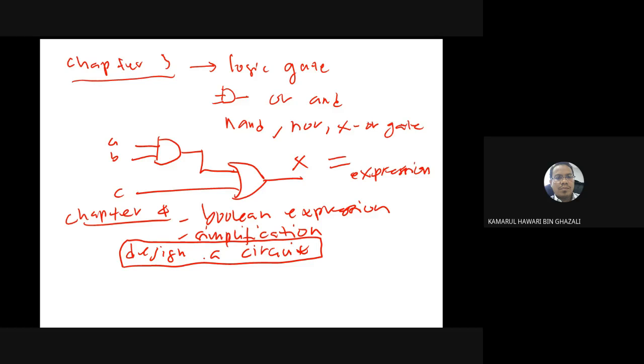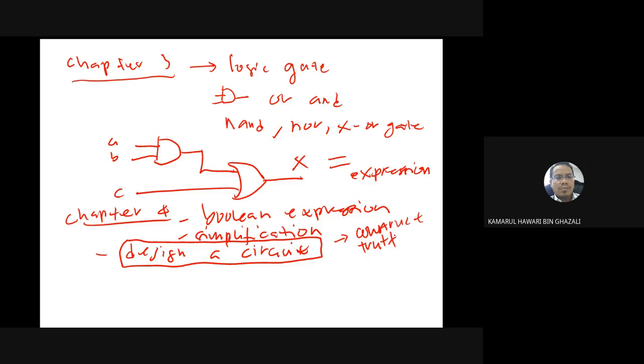When you want to design a circuit, you need to understand the statement, the problem given. For designing a circuit in chapter 4, you have to construct a truth table.